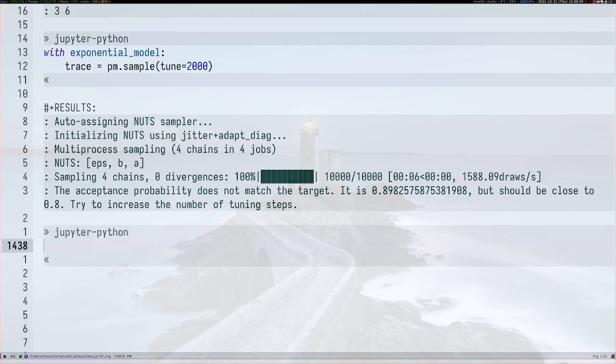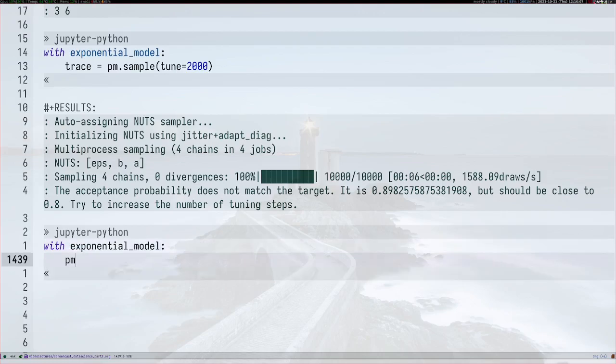So now that we have the trace, what we can do is with exponential model plot the trace of trace.